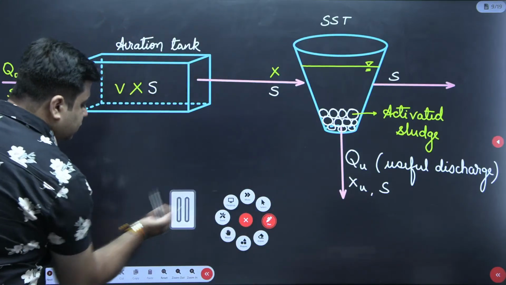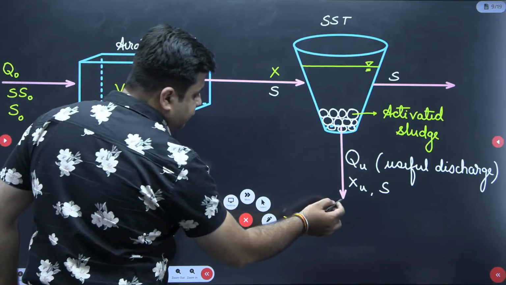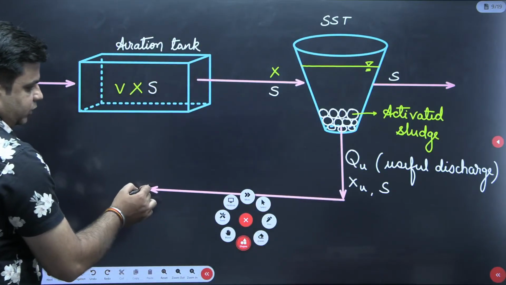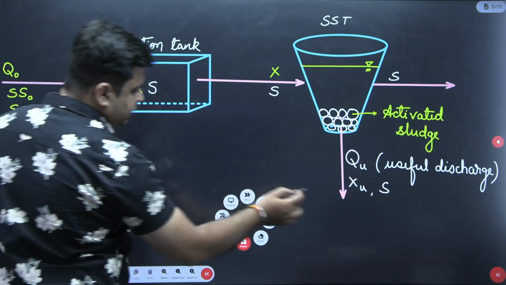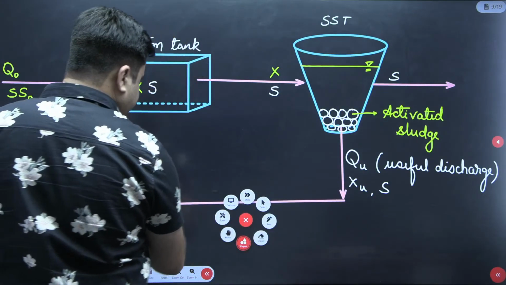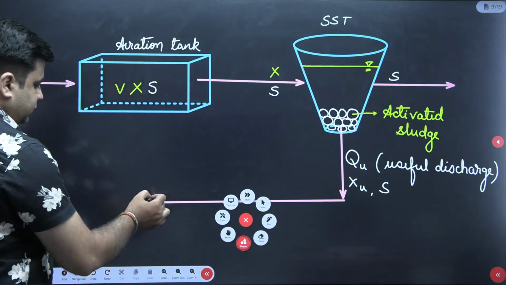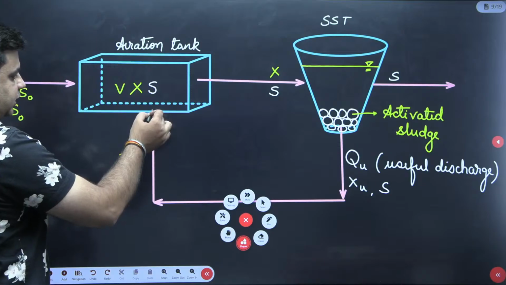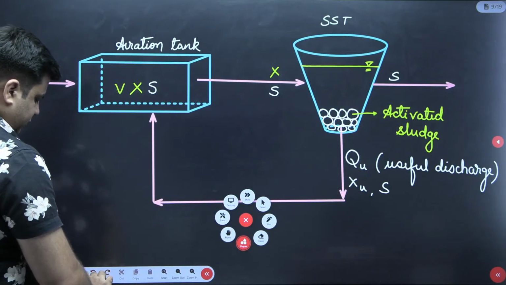Now out of this useful discharge QU, some portion will be recirculated back into the aeration tank.